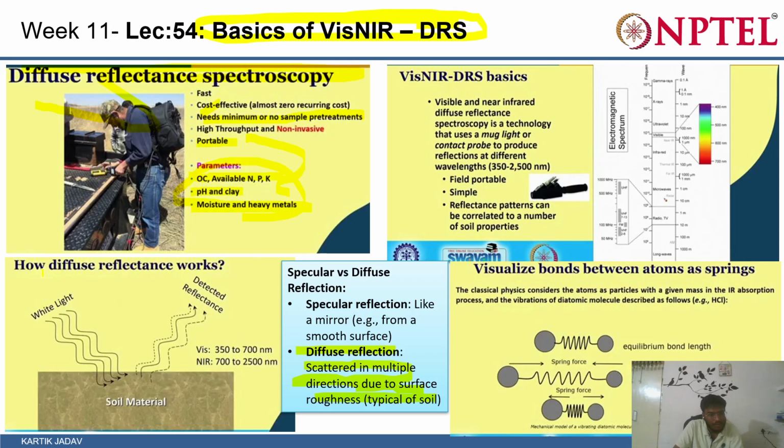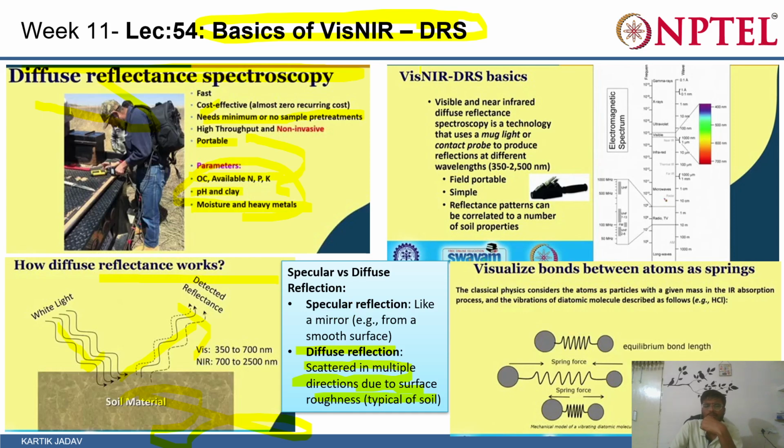And if you see how diffuse reflectance works, whenever white light from the sun comes and strikes soil materials, it gets reflected back. This reflection is scattered in multiple directions due to soil surface roughness. And in sunlight, we know there is visible light as well as near infrared light. Visible light has a wavelength of 350 to 700 nanometers, while near infrared has 700 to 2500 nanometers.